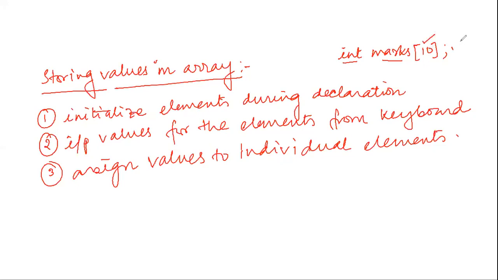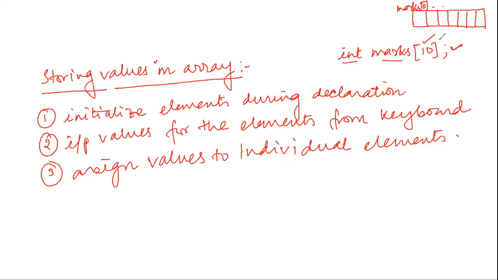Once this statement executes, the compiler will block 10 spaces in the memory, where the first space will start naming from marks[0]. So this is the meaning of this entire statement.